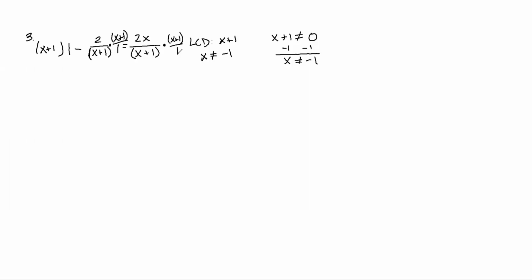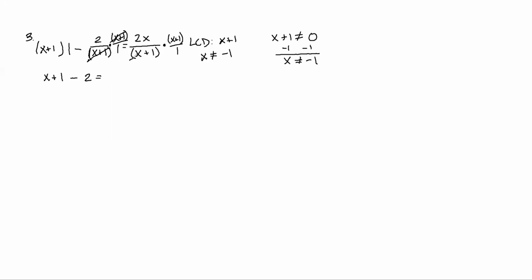So let's go ahead and start multiplying. We have x plus 1 times 1 on the left here. X plus 1, or any term or expression times 1 is itself, so this is just x plus 1. And now minus, in this term here, these x plus 1's cancel, and we're left with 2 over 1, which is just 2.